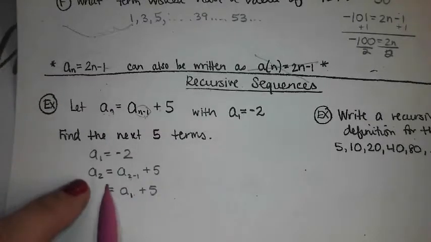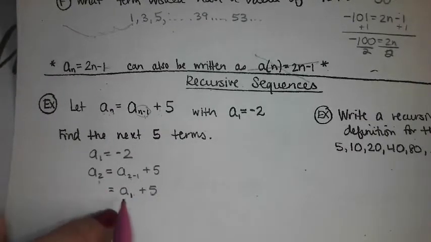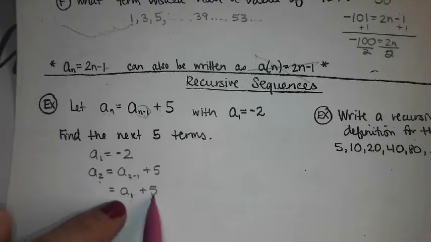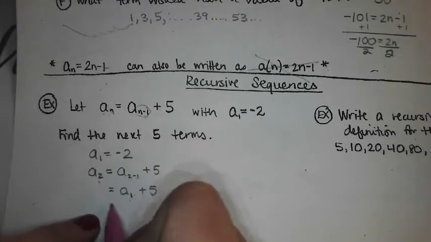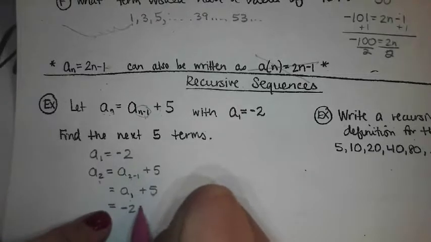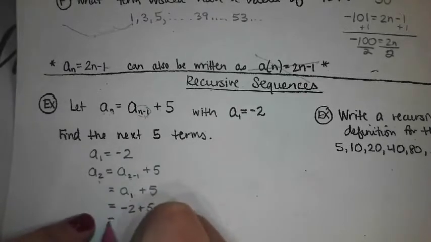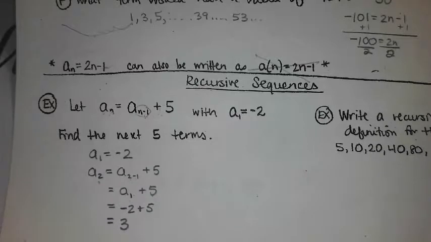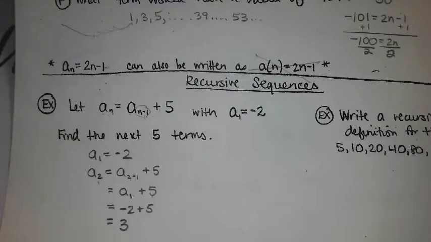So this is really saying in order to get the second term, I need to take the first term and add 5. And what was the first term? Negative 2, and add 5, and what do you get? 3. So the first term is negative 2. The second term is 3.